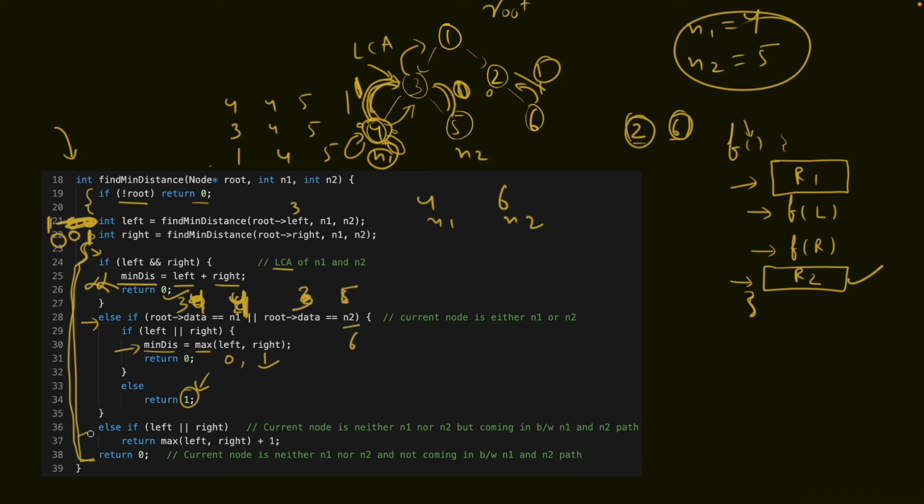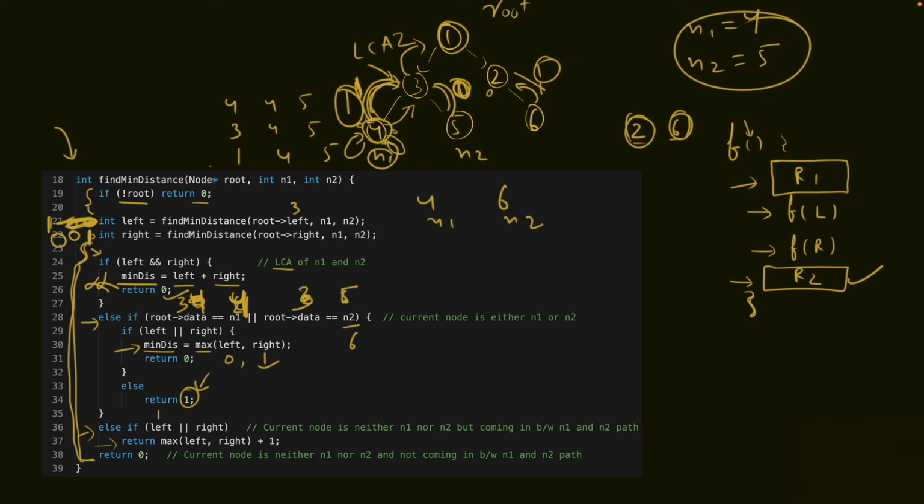You will come here. And now see, left is 1. So this is true. Now you will go here and return what? Max of left or right plus 1. So this is 1. This is 0. Max of this is 1. 1 plus 1, 2. So you return 2 from here to 1. Cool, right?